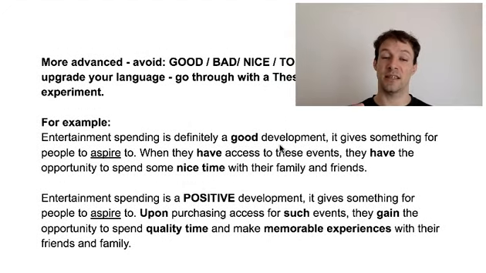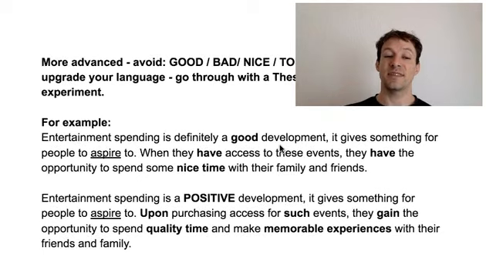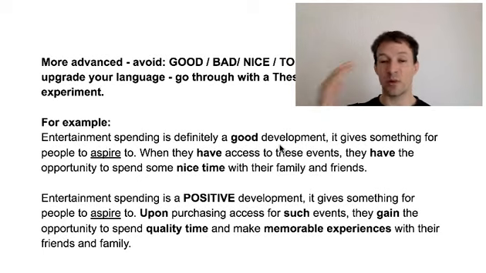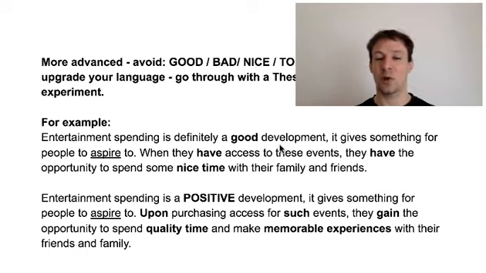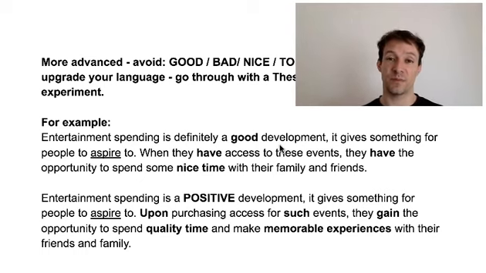So in the paragraph before, we said entertainment spending is definitely a good development. If we say entertainment spending is a positive development, or is definitely a positive development, then we're using vocabulary that's less common, and positive and good in this instance are interchangeable.